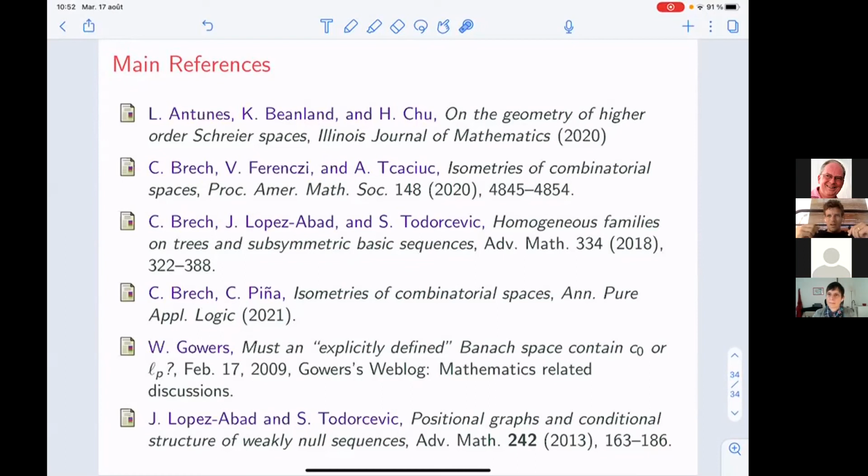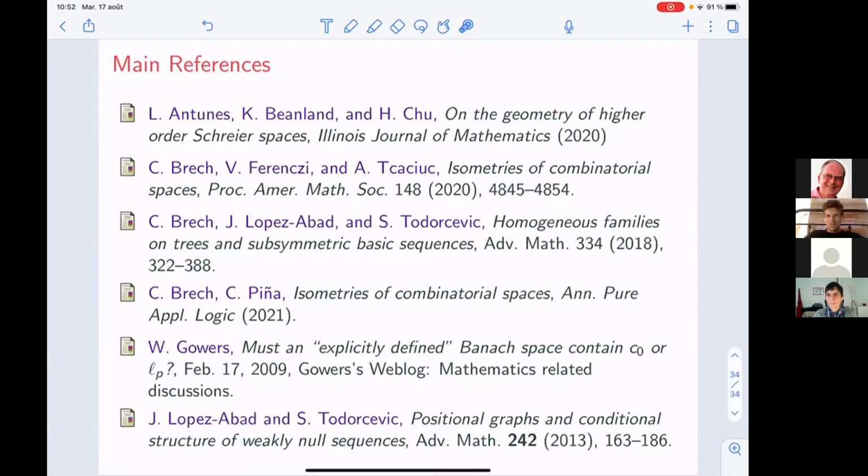For a few spaces like James space and Schreier space, there are papers characterizing the isometries on the spheres, and they essentially show that these have the exact same structure as the characterization of the isometries on the spaces, but the techniques are quite different, because the linear structure sort of goes away. It's just onto isometries on the sphere.